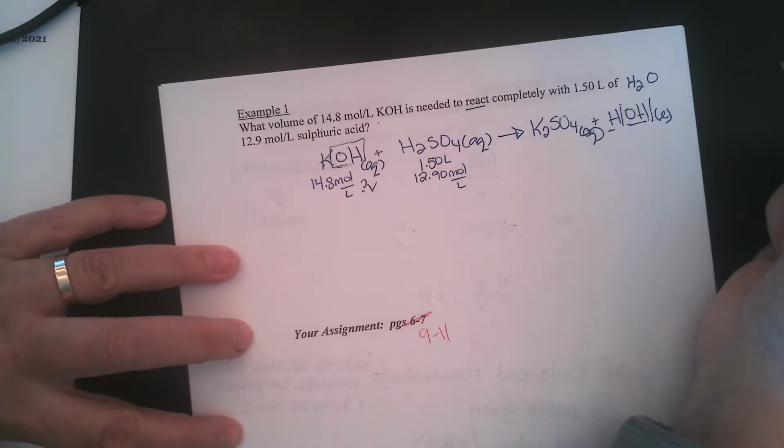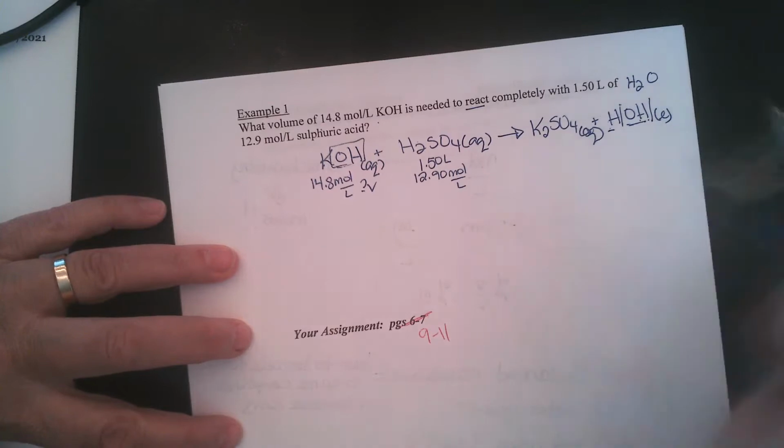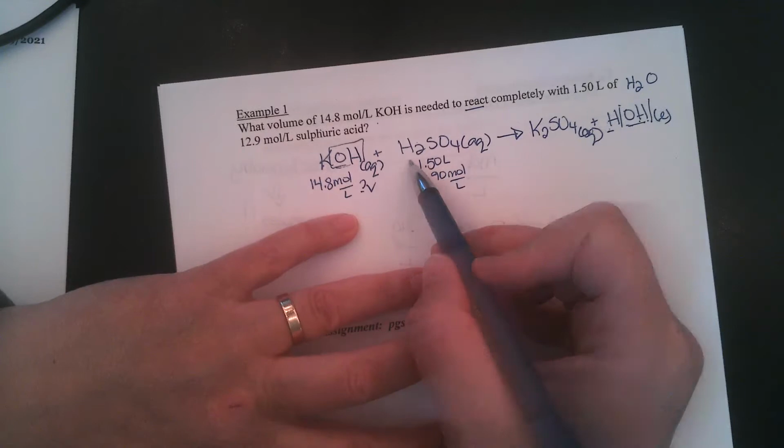They're the exact same thing. It just clicks in people's brains better when you see water as a hydrogen and a hydroxide ion, because then when we go to balance, I have 2 hydrogens here.